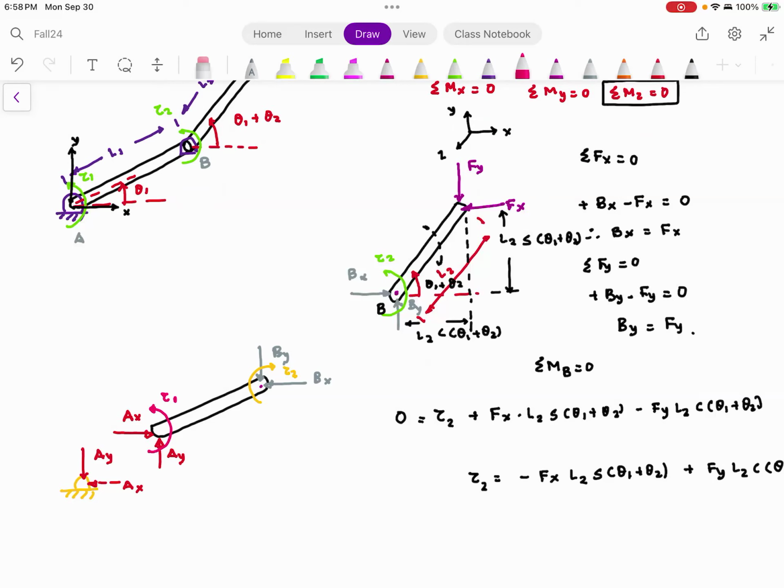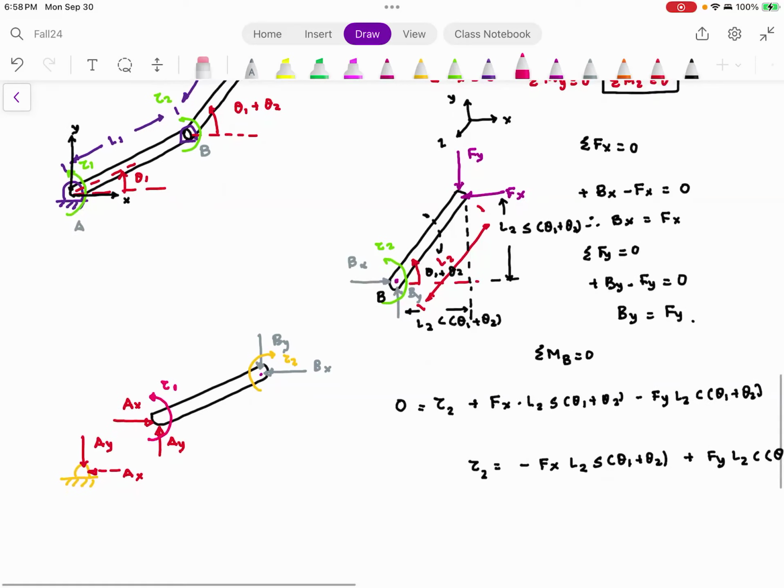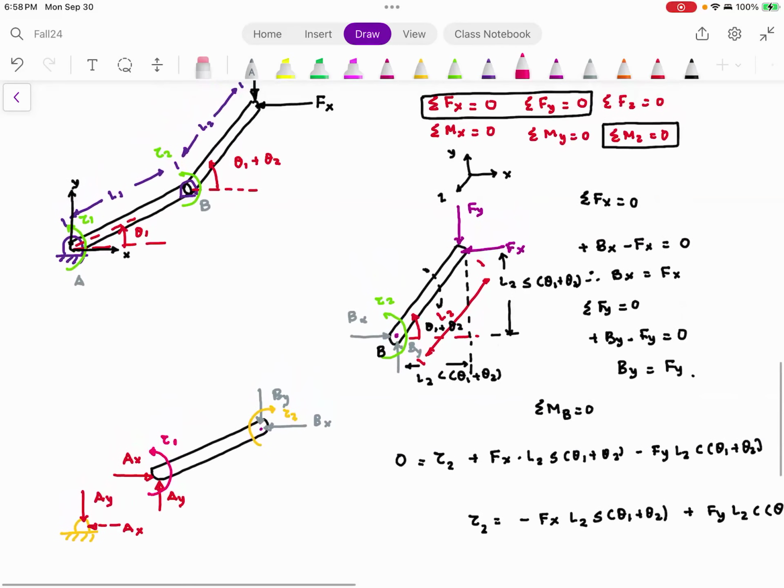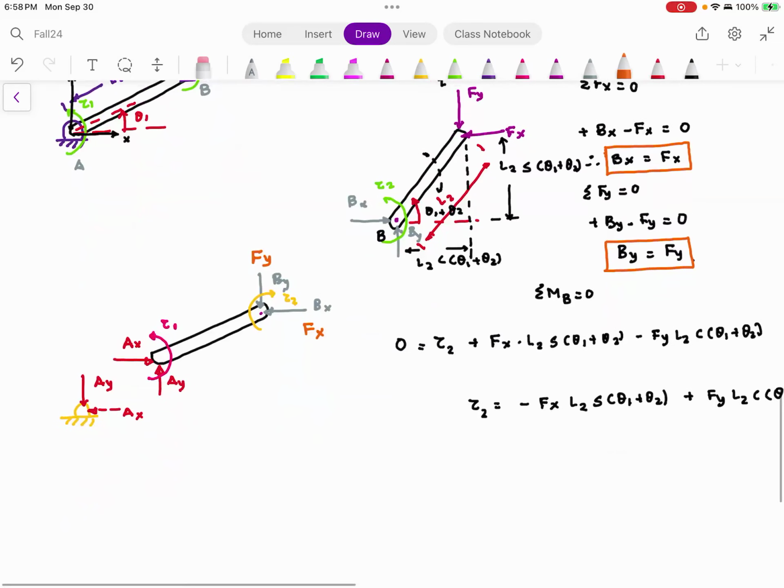So now we are going to follow the same logic, but we know from our equation By is equal to Fy. So I can write this expression as Fy. We know from our expression Bx is equal to Fx. So this is going to be Fx. And I'm going to write down summation of forces in x direction is equal to 0.